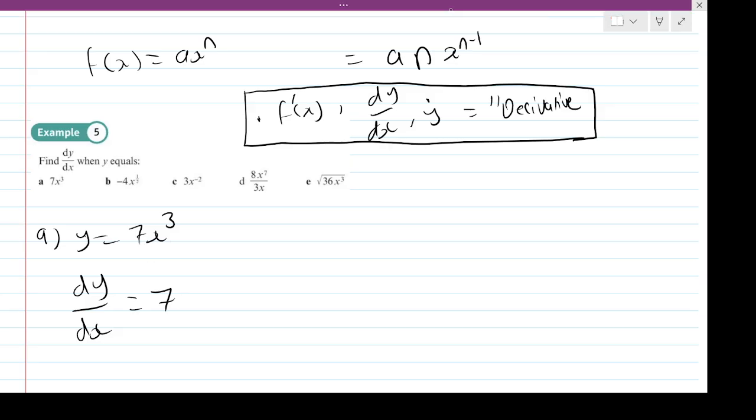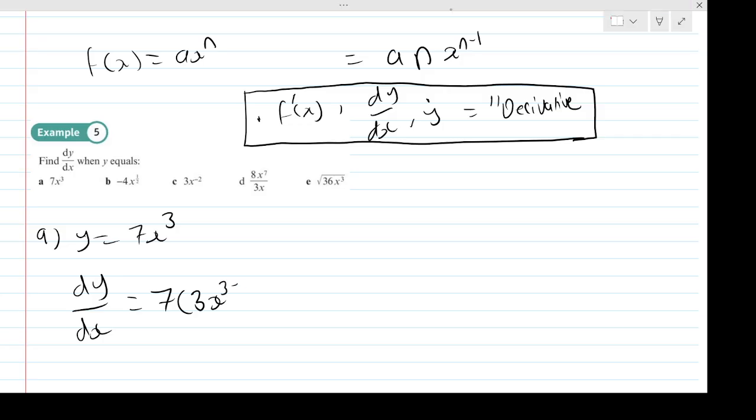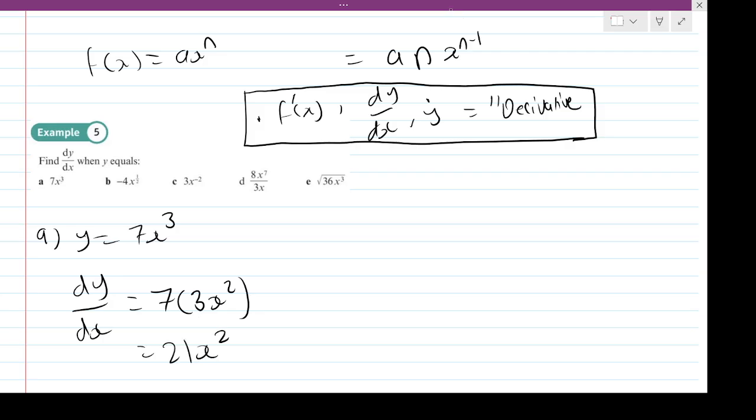Well, we bring the power 3 to the front, so it's going to be times 3, actually I should use a bracket, right, 3x and then we knock 1 off the power, so 3 minus 1, which is 2, okay, so 3x squared is the derivative, but then overall, because we're timesing everything by 7, we can do 7 times 3, and overall that's 21x squared, and that's my final derivative, okay.